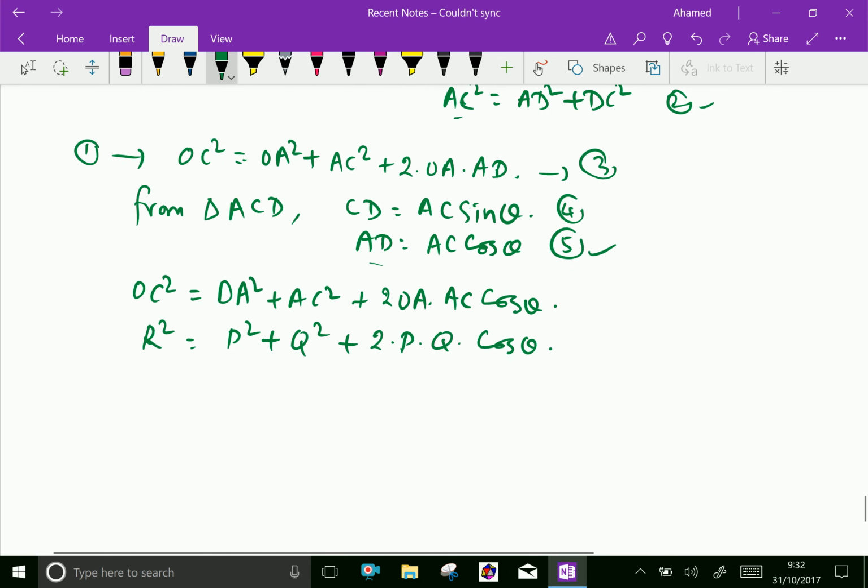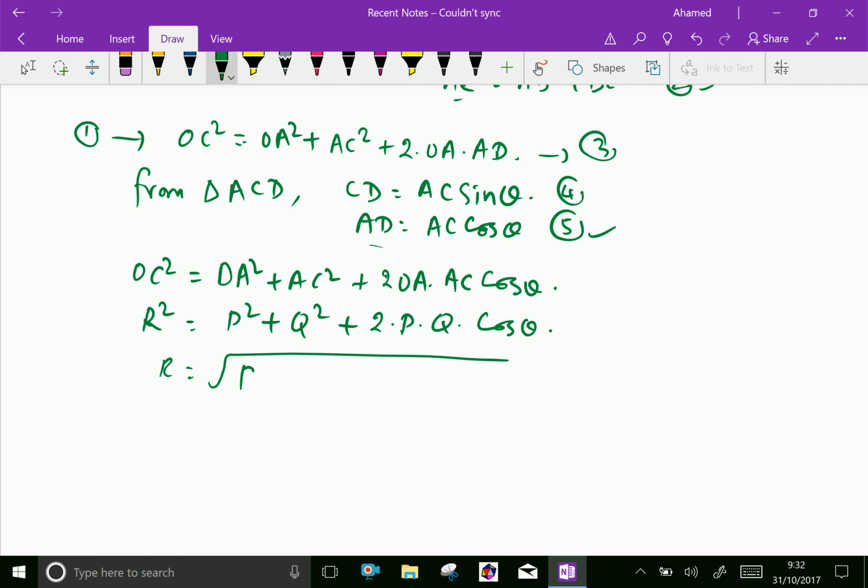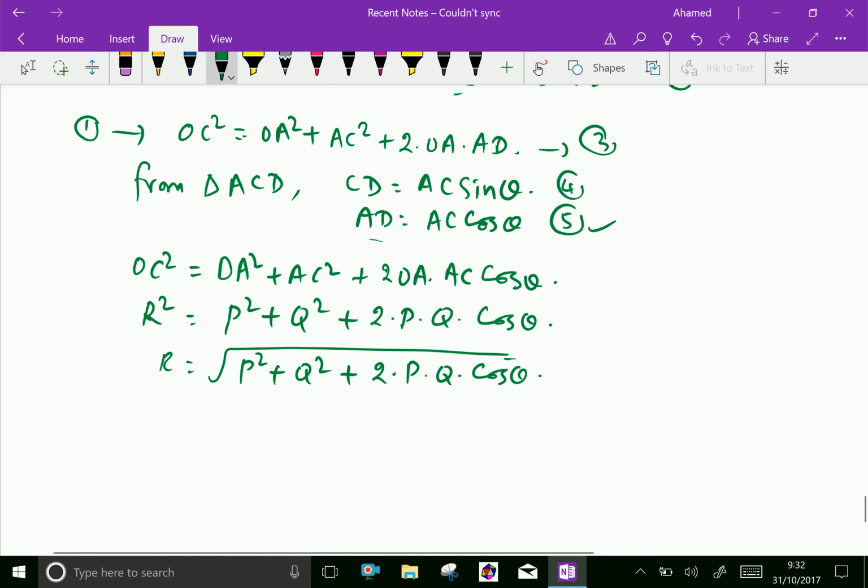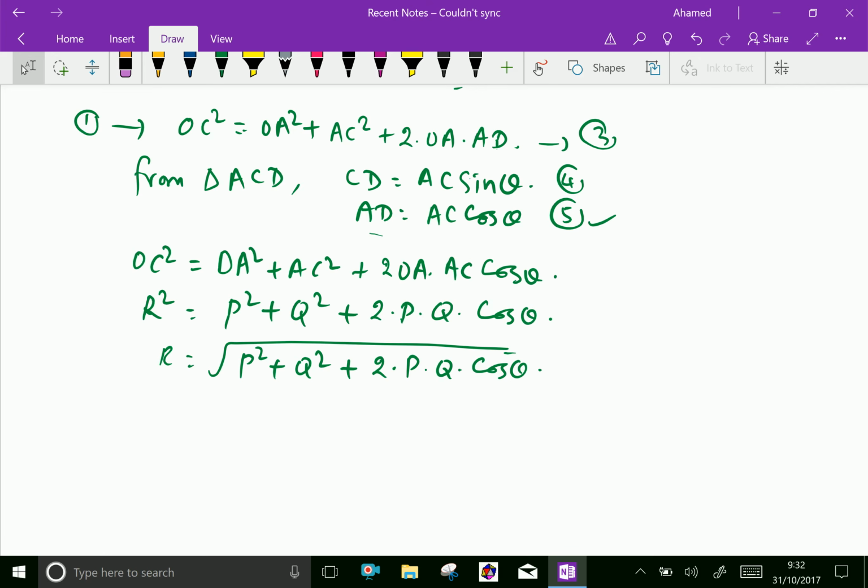Or we can write R equals square root of P square plus Q square plus 2 into P into Q cos theta. Now this is the magnitude of the vector.